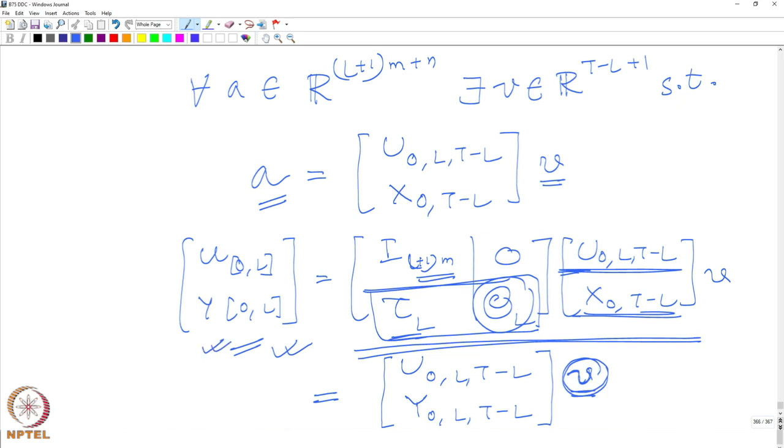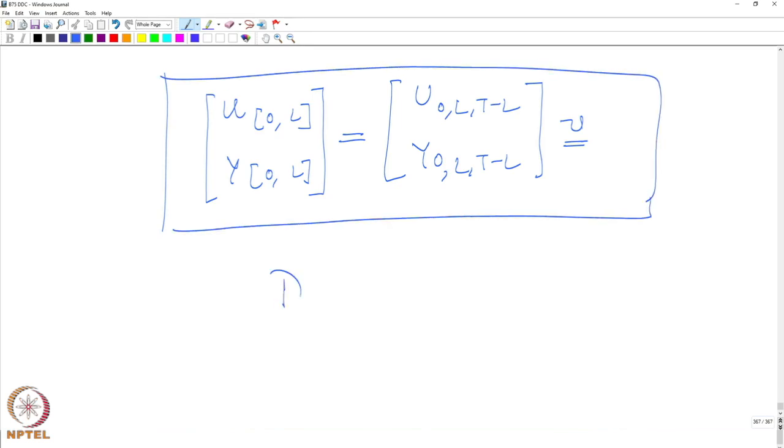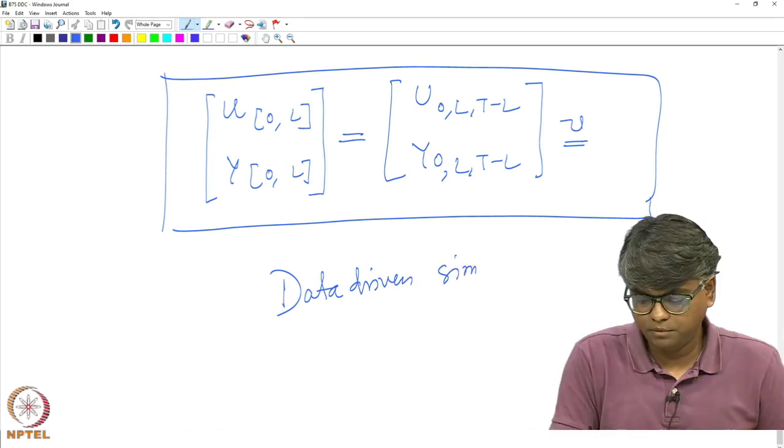It will satisfy the given state space equations. So, in fact we have a parameterization. This is the parameterization and this is the data driven simulation. Data driven simulation is done.